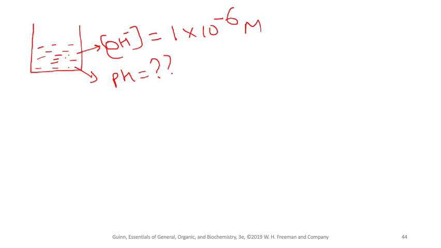And once you get the pH, tell whether the solution is going to be basic, acidic, or neutral. Right, so let's try to figure out how to get the pH if the hydroxide ion concentration is given instead of hydronium ion concentration.